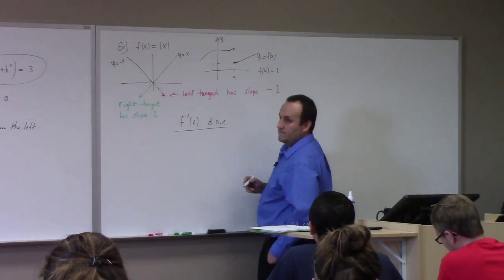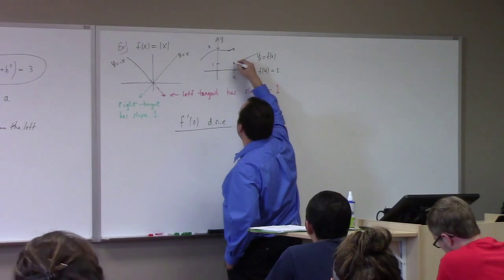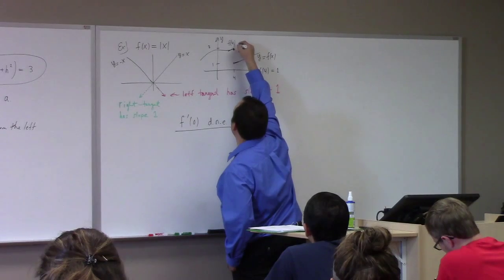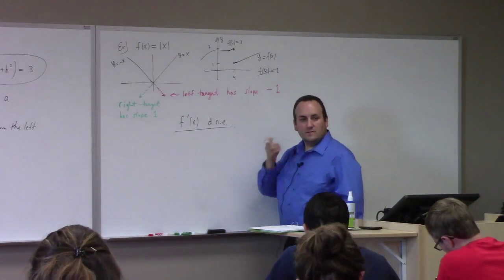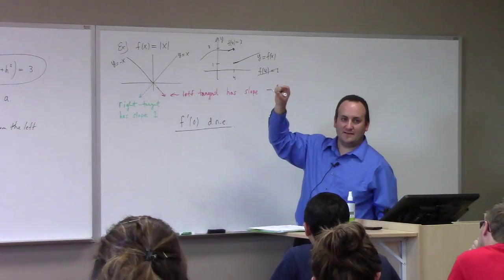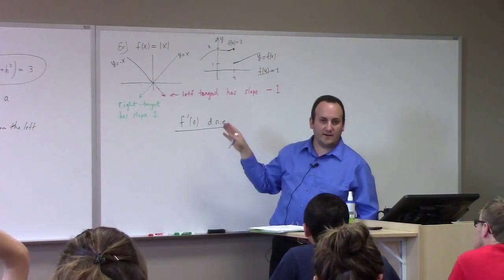If this was 3, and I erased that and filled this in, then that would tell me that f of 4 was equal to 3. I can't fill in both dots because a function is single valued. If I filled in both dots, the function's graph would fail the vertical line test. It wouldn't be a function anymore.